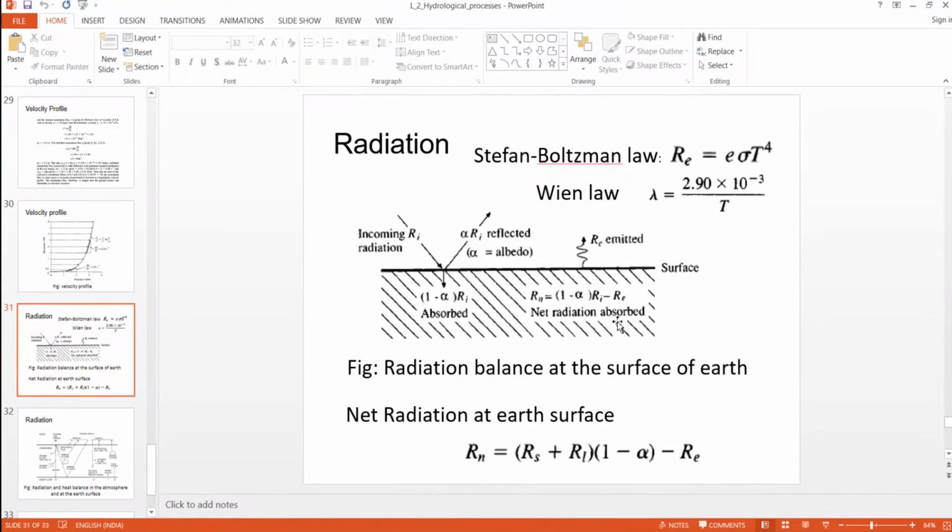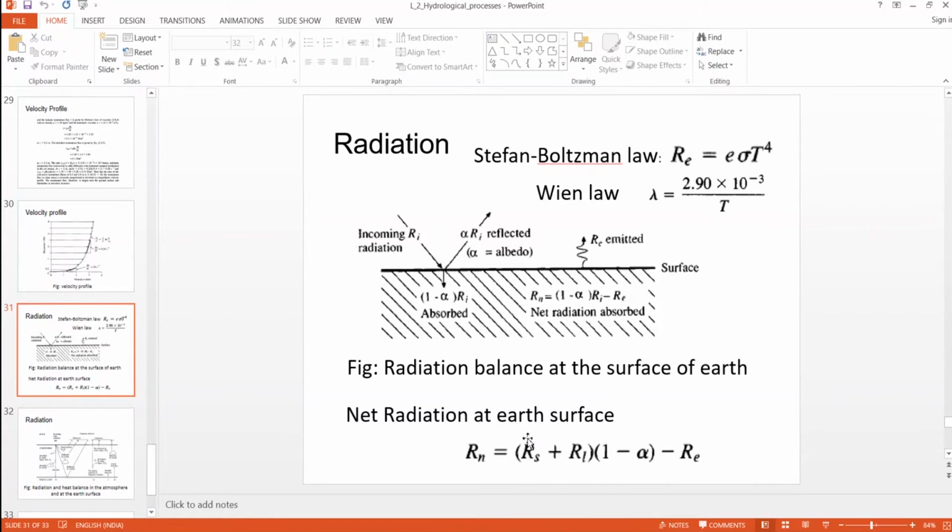When the sun's radiation hits the aerosols, it is partly reflected towards space and partly reflected towards the earth. This is nothing but scattered radiation, which is called long wave radiation.